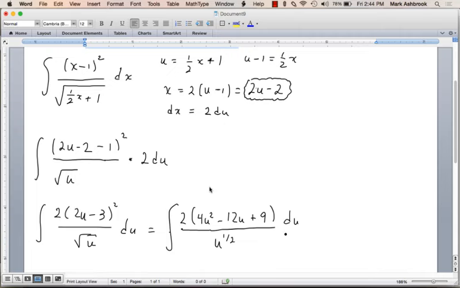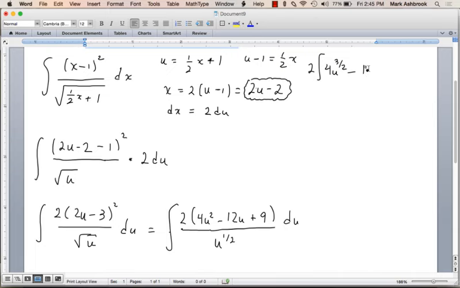Right. So we can split this up into 3 fractions, right? Think of this as a common denominator, and we're going to go backwards. We're going to split it up into 3 fractions, and then we just have the power rule 3 times. So if we split this up, let's just throw this 2 out in front. 4u squared over u to the 1/2 is 4u to the 3 halves.